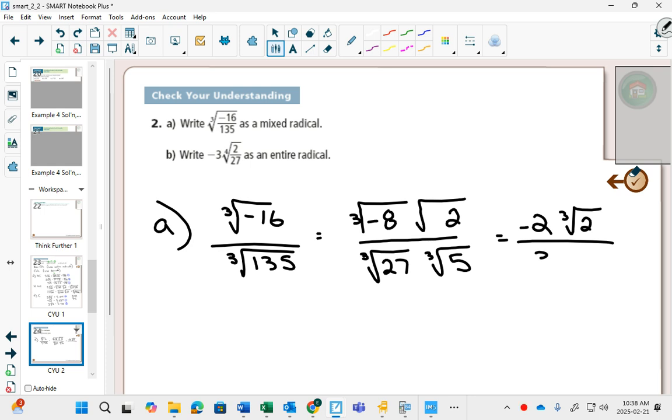Cube root of 27 is 3 cube root of 5. I can put my number together as -2/3. I can put my radical together as cube root of 2/5. And this is a mixed radical. A mixed radical has a number in front and a radical after in simplest form.